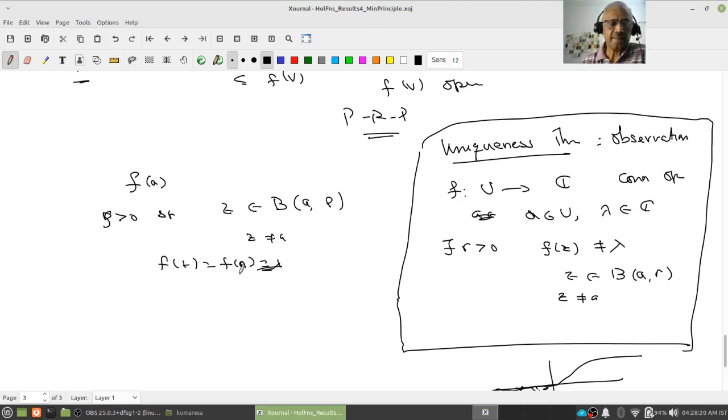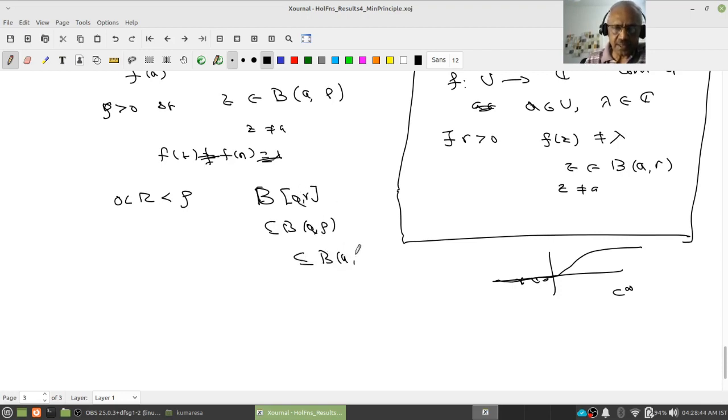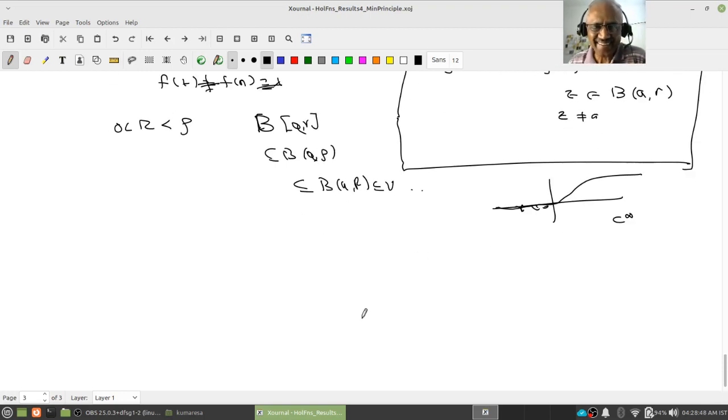By this theorem I can choose that. Now choose any r so that the open ball B(a, r) is contained in B(a, rho), which is contained in B(a, R), which is contained in V, and so on.